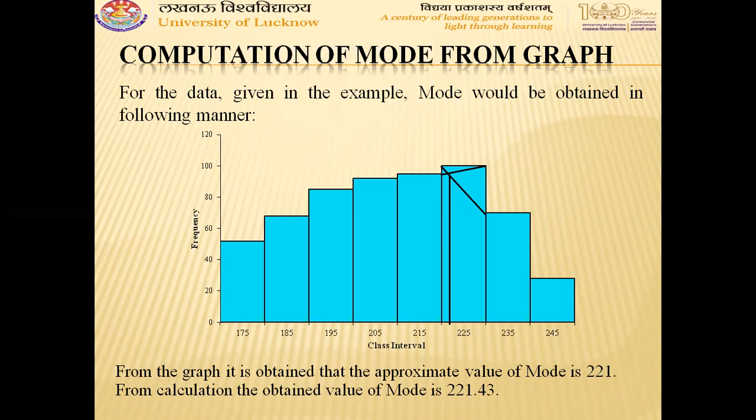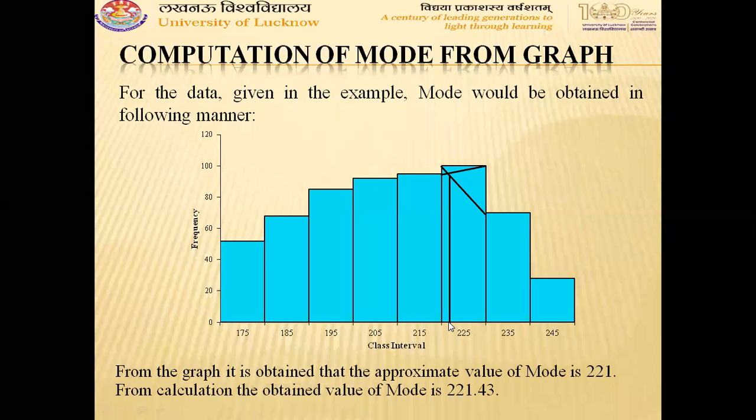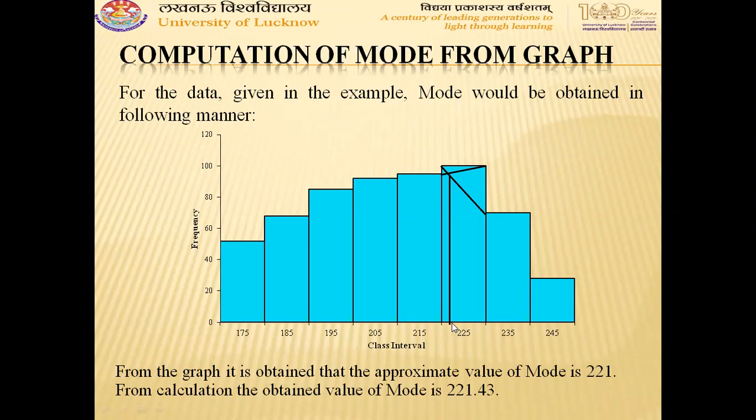Here the line is shifted somehow, and this is starting from 170, so this line is 220, and we can make a guess that this point will be 221. So from the graph it is obtained that the approximate value of the mode is 221, whereas from calculation it is also obtained that the value of the mode is 221.43.